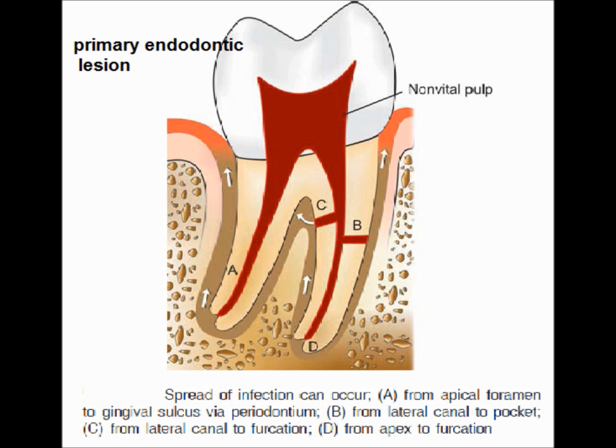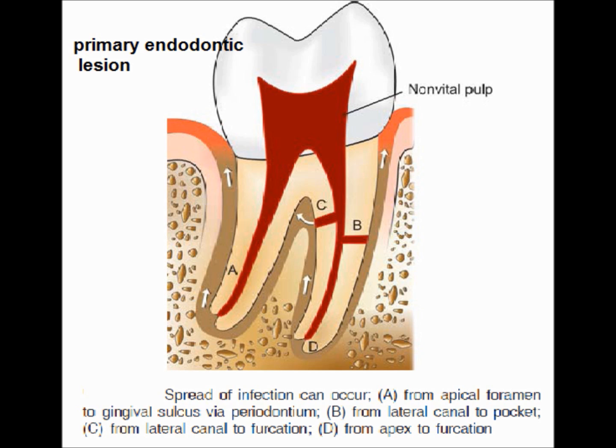Clinically, pus oozes through the sulcus area with the presence of localized swelling in the gingival area. The sulcus can be probed by a gutta-percha cone or periodontal probe to see the exit of the bone loss and the source of infection.